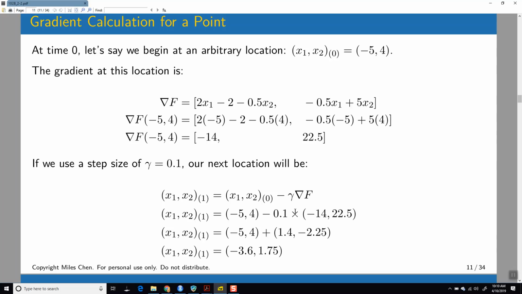You can use different sized gammas, and we'll talk about what that looks like. If I apply -0.1 to -14 and 22.5, that becomes +1.4 and -2.25. So our next location will be -5 plus 1.4, which is -3.6, and 4 minus 2.25, which gives me 1.75. This is my next location after I've updated using the gradient.